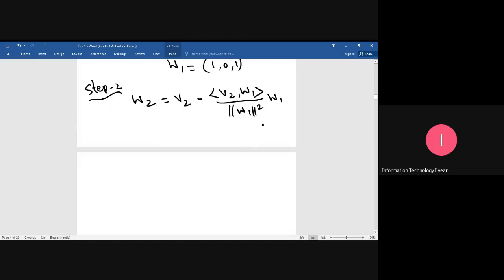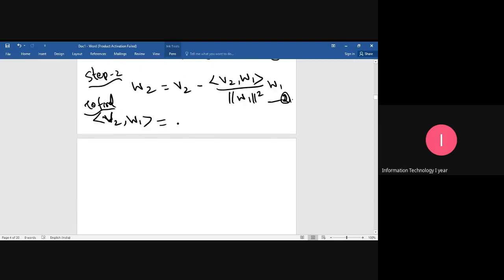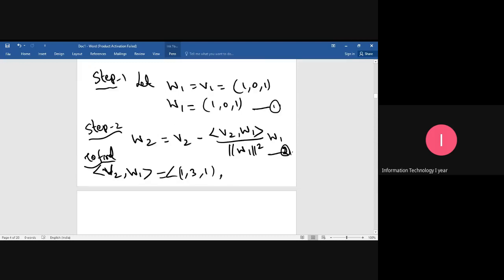So first, to find the inner product of V2 comma W1, substitute the V2 vector: 1, 3, 1, comma, inner product with W1, which is from the first step, 1, 0, 1.